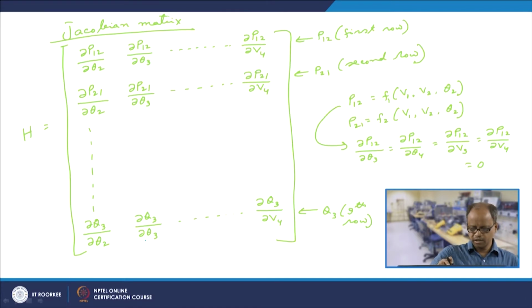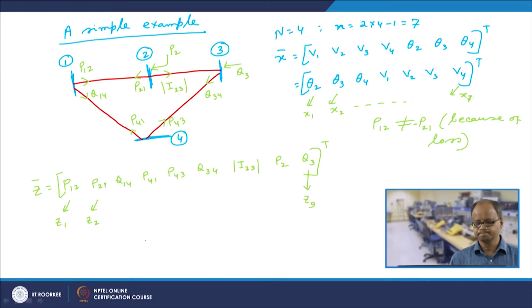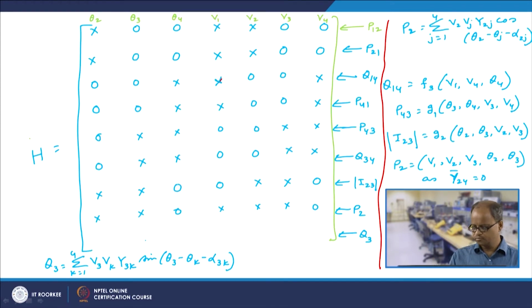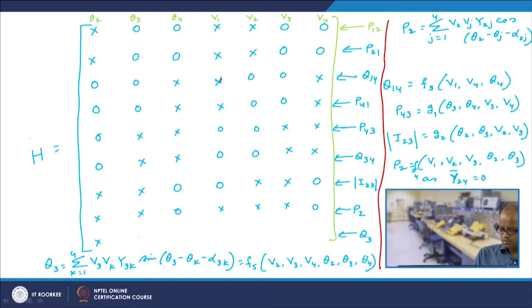Now, if we look at the structure, bus 3 is only directly connected to bus 2 and bus 4. So, then therefore, Q3 would not be a function of V1 and theta 1 is already 0. So, it would be V2, V3, V4, theta 2, theta 3, theta 4. So, then it would be V2, V3, V4, and so that is how it would look like.